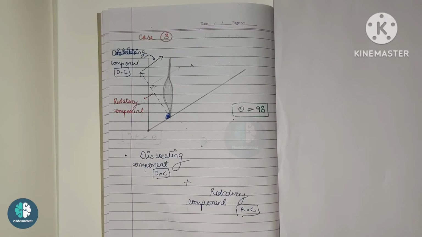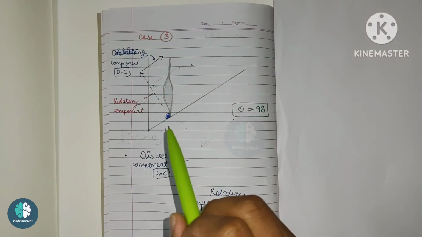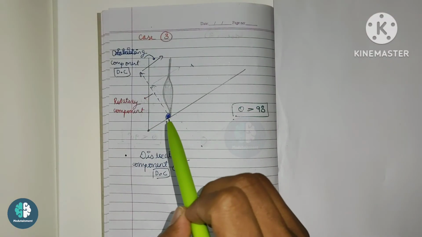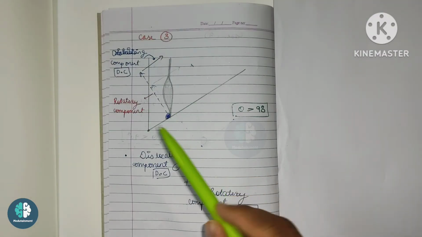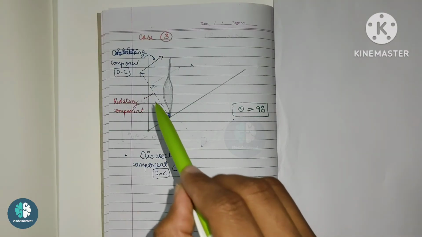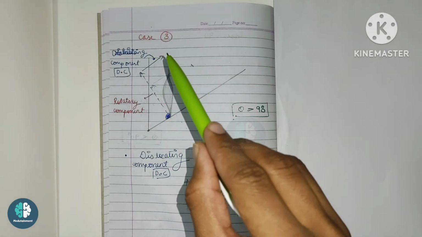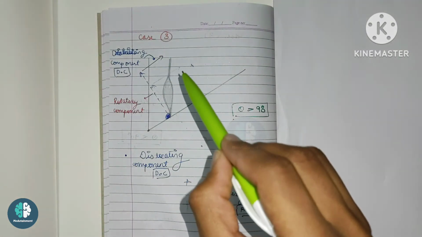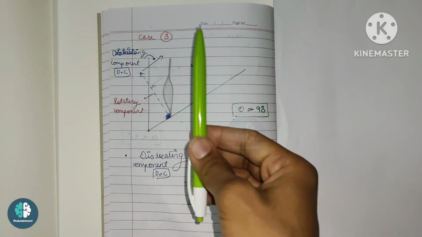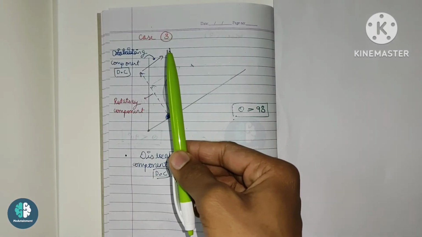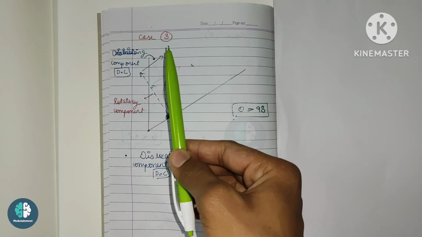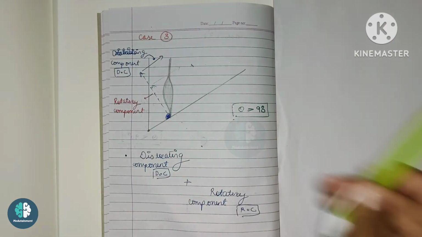In this case also, the triangular law of vector addition is used to get the resultant. I have not drawn the resultant, but you can see this is the rotatory, this is the dislocating. If I draw the resultant from here, you will get this resultant. So the muscle pull will be in this direction, giving you a complete triangular law of vector addition resultant.